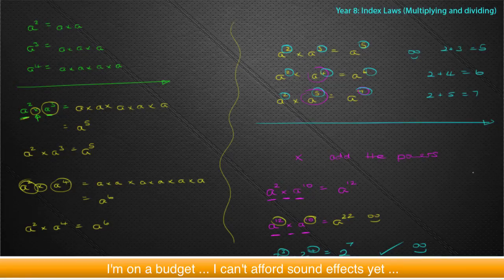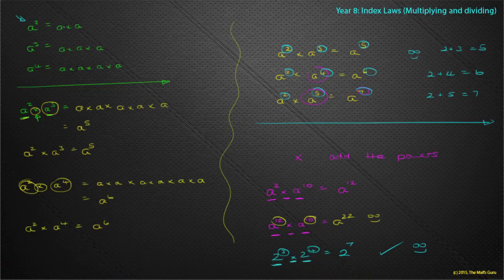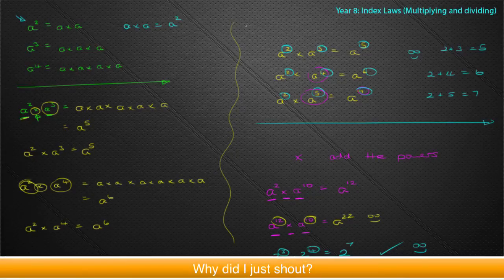This is interesting. Well, let's just go back to this one here. We said at the top that a squared is equal to a times a. So that must mean that a times a is equal to a with a floaty 2. But there are no powers here. There are no floaty numbers. Well, actually, yes, there are. Because remember, there is one number that you don't have to write generally. And what would that one number be?